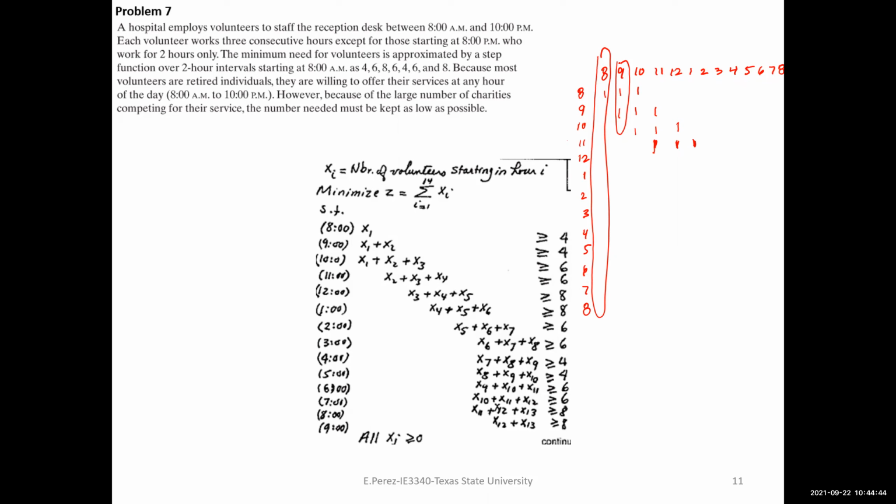At 9 a.m. it becomes X1 plus X2. Remember that X1 is going to end its shift at 10, and then X2 can help you cover the hours that follow.